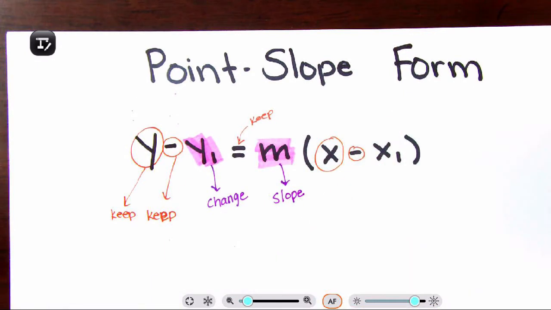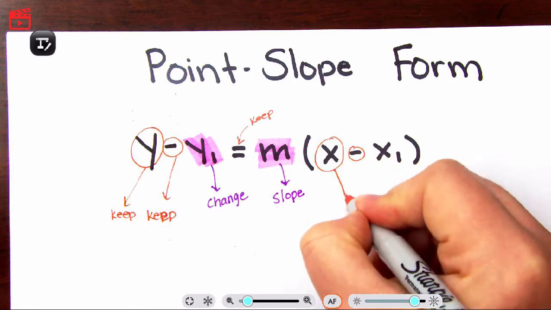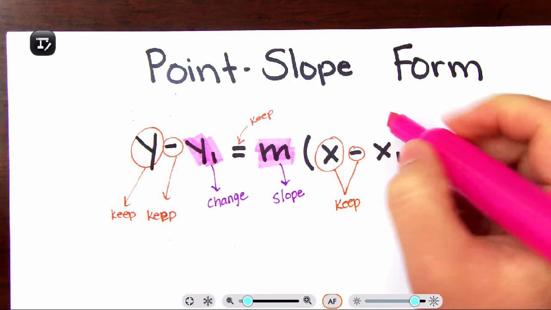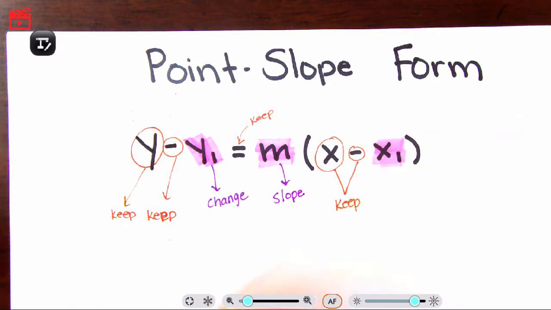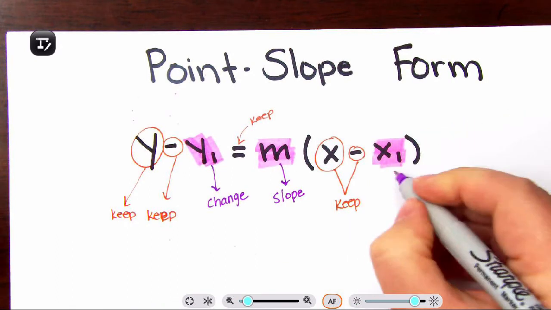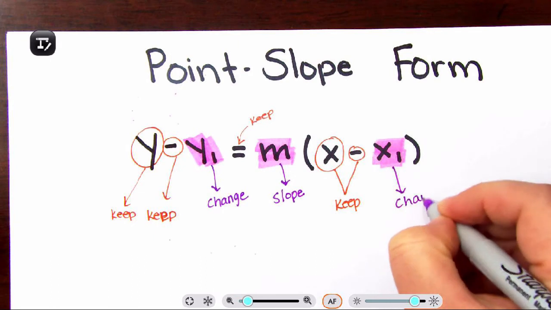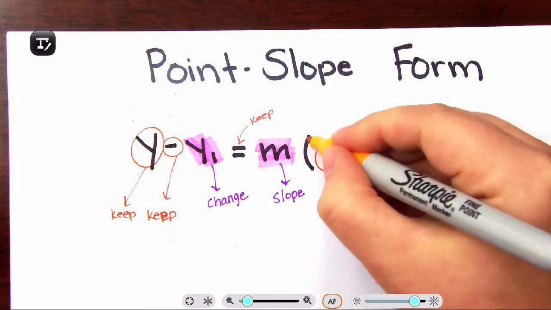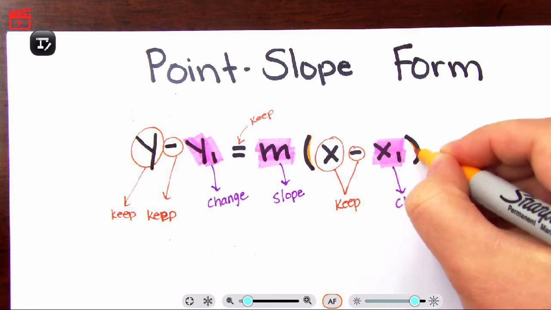Now you want to keep the parentheses as well, but we're going to keep, and then we're going to change our x1, and I'm trying to find a color here. We're going to keep our parentheses.